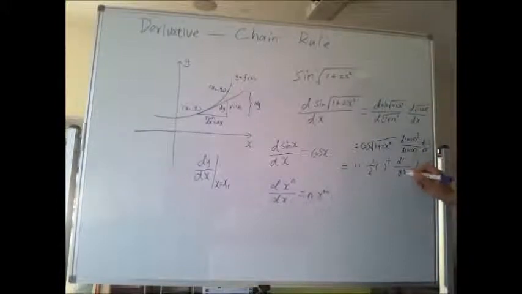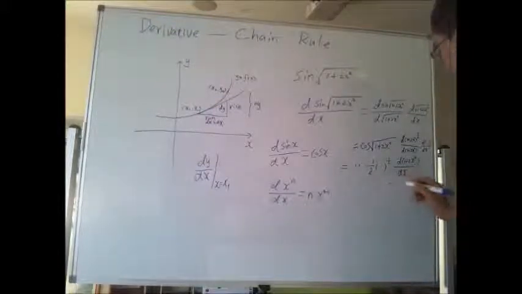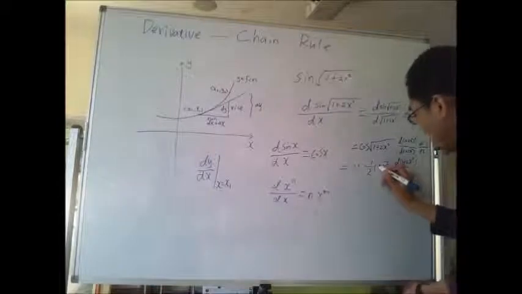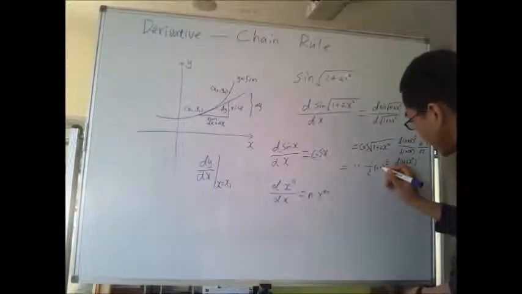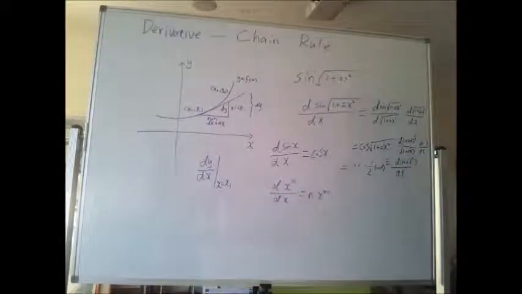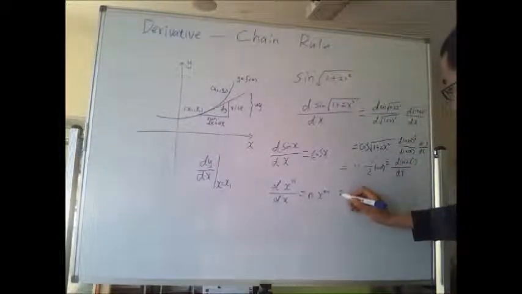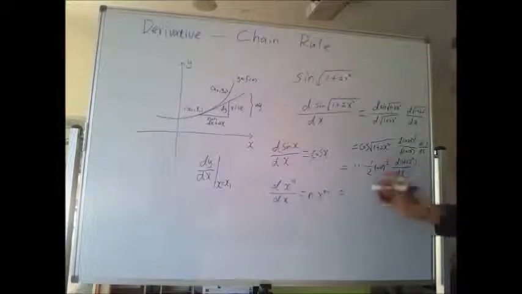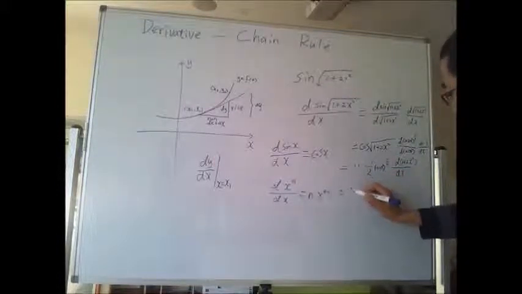Now let's write out what is in the bracket: 1 plus 2x squared. Maybe it's good to write it out. For these first two parts, we can't do anything, and we just copy them.